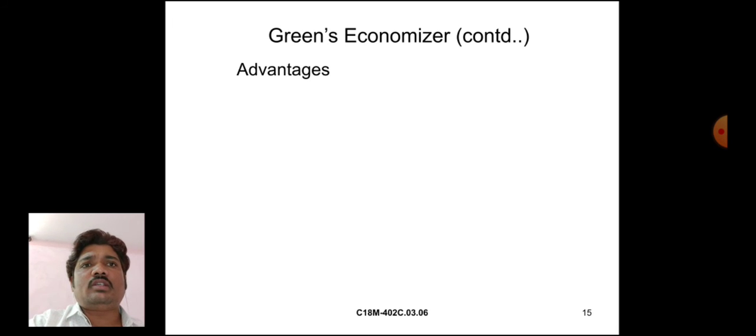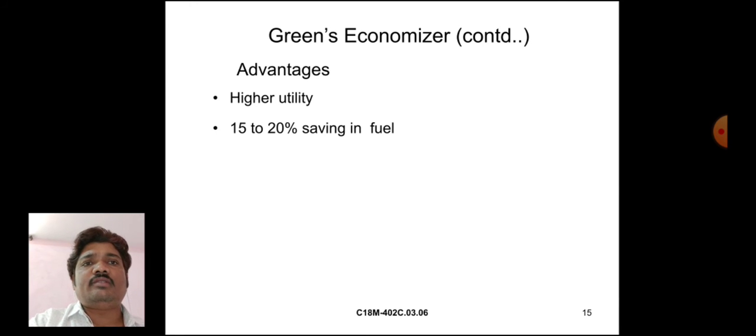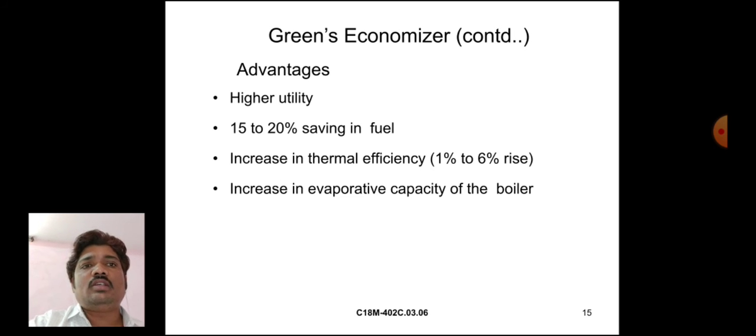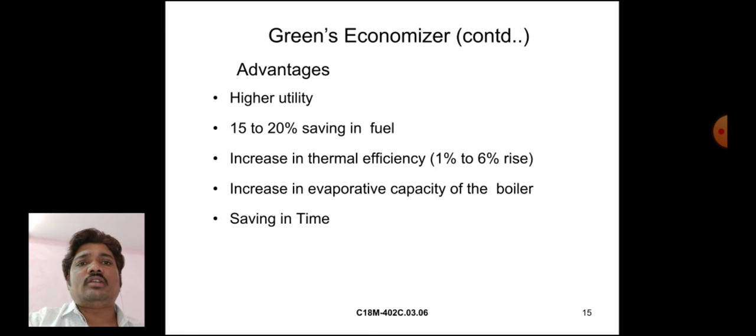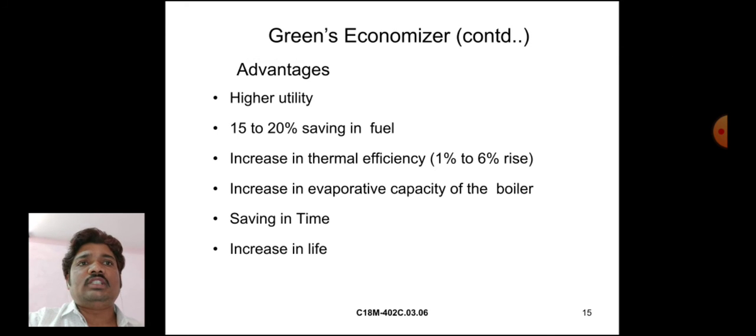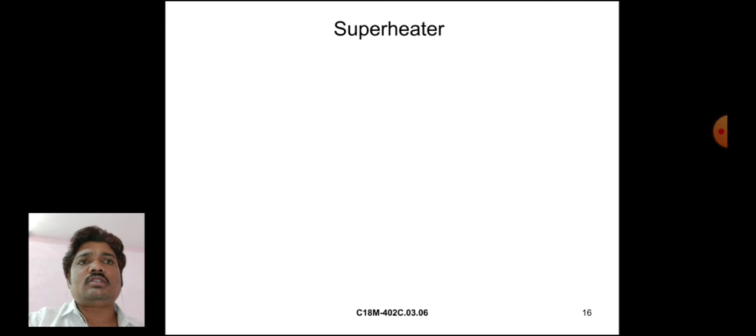Green economizer advantages: high utility, 15 to 20% saving in fuel, increase in thermal efficiency, 1% to 6% rise, increase in evaporative capacity of the boiler, saving in time, increase in life, reduced thermal stresses.